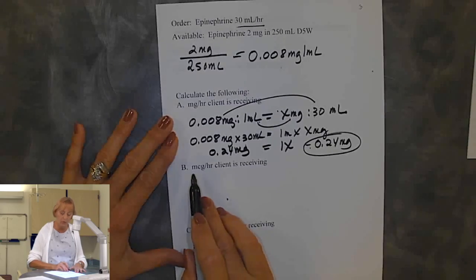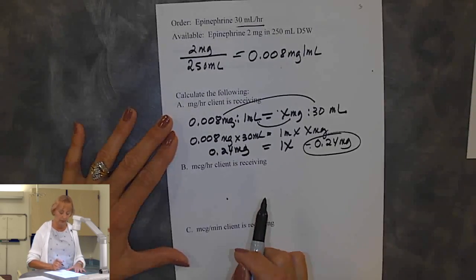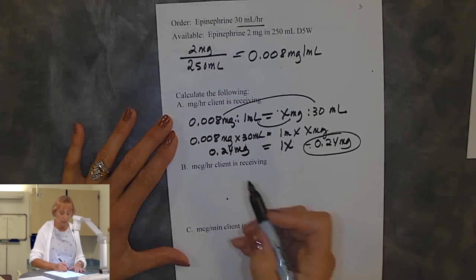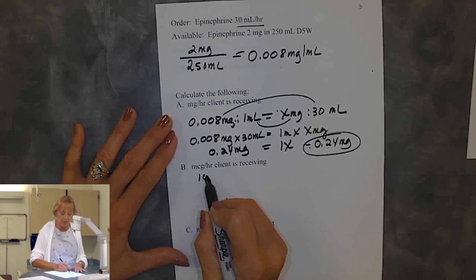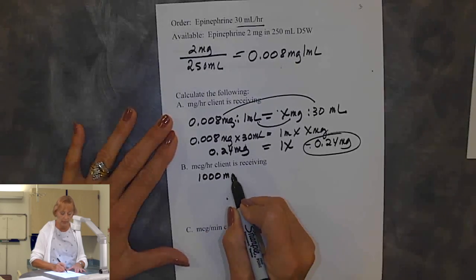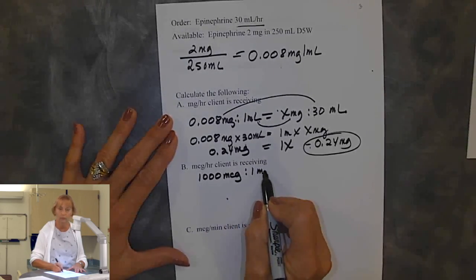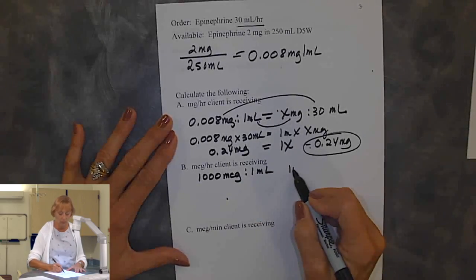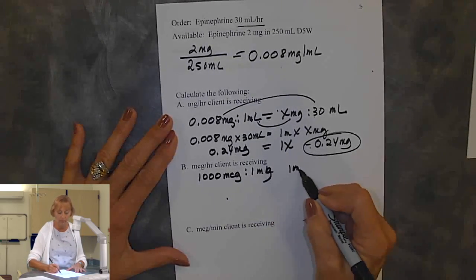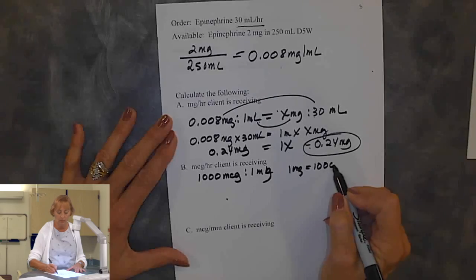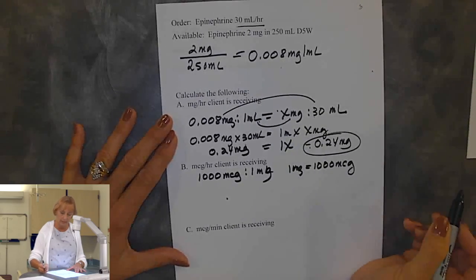So how many micrograms per hour is your client receiving? As you remember, there is 1,000 micrograms per 1 milligram. Works both ways. 1 milligram is equal to 1,000 mics. It's all the same.